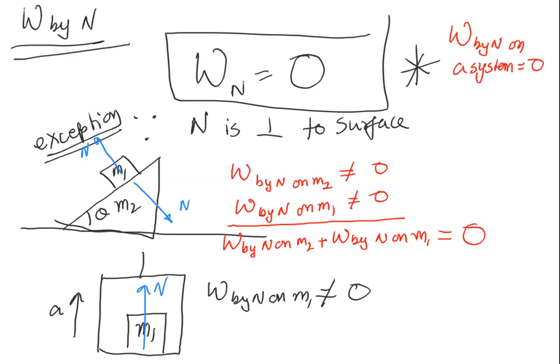Next, please take a screenshot and go to the next screen or write it down. I think you should write this down. Please write this down. Work done by earth, please write that down. Work done by normal reaction, please write that down. Yes, you will get the path. If they are asking you the work done by normal reaction, you will get the path, they will definitely give it. Yes.